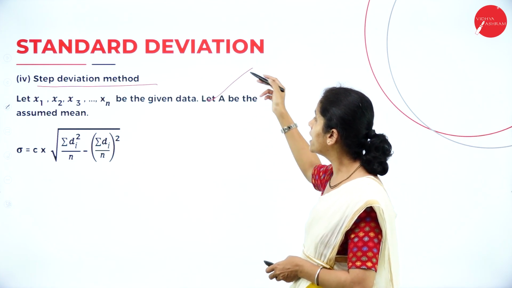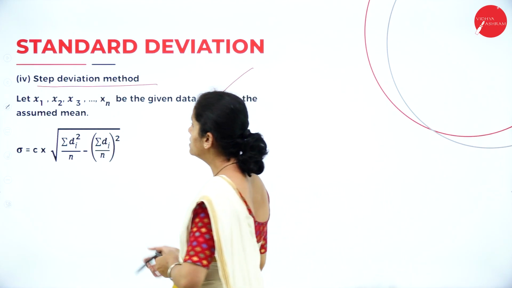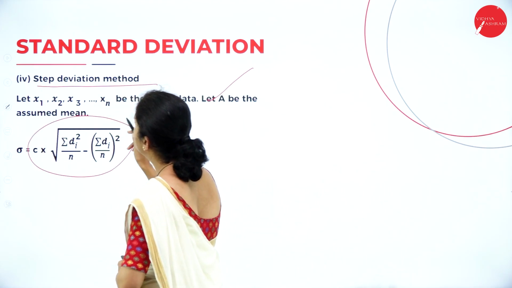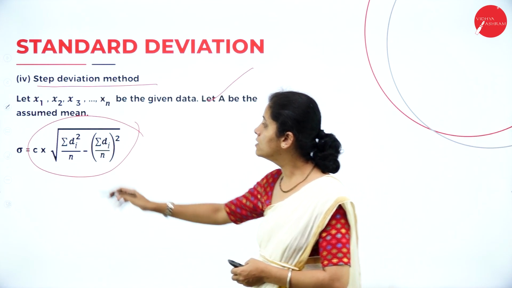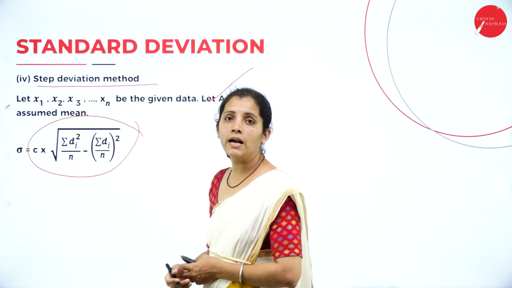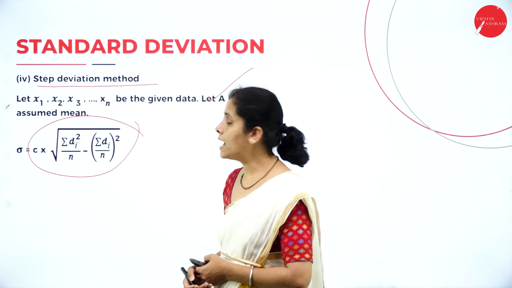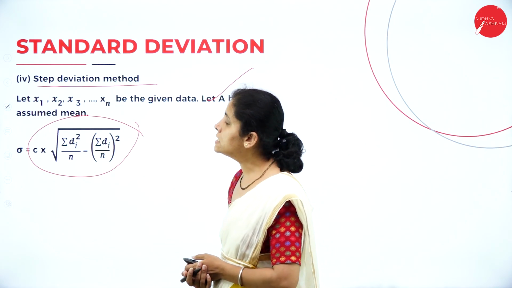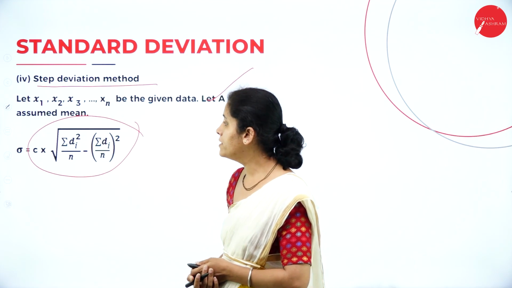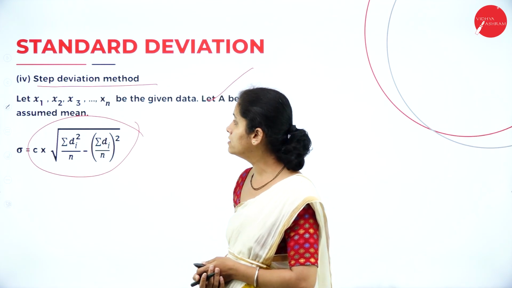Then let A be the assumed mean. The formula here is C into the square root of sigma di square by n minus the whole square of sigma di by n. Now C is nothing but the step deviation, in the sense, the common factor.